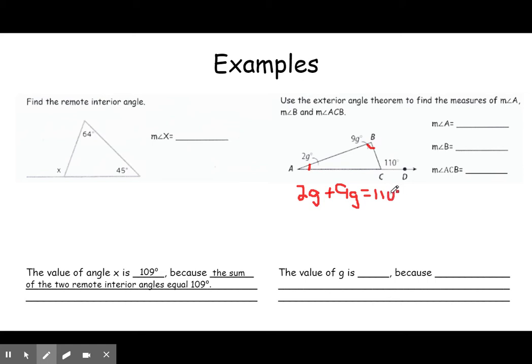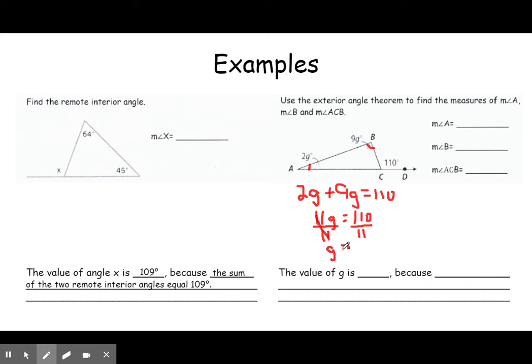Now we solve this equation. I've got 9 G's and I'm adding 2 G's, which leaves me with 11G equal to 110. Now I need to get rid of the 11 that I'm multiplying by my variable, so I do the inverse operation and divide each side by 11, which leaves me with just 1G.